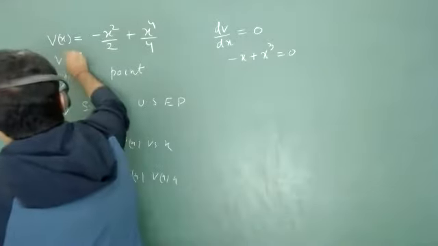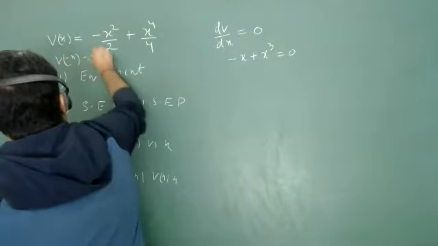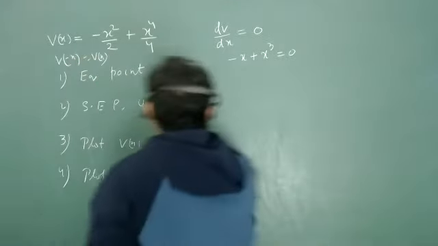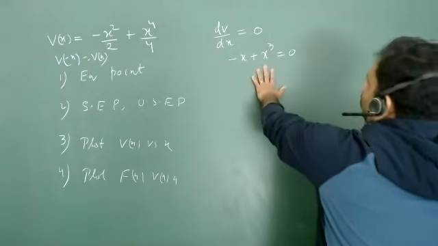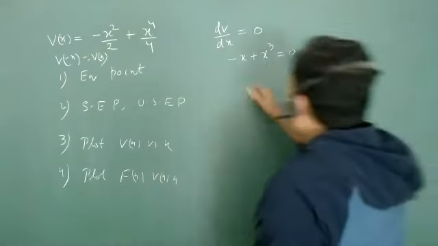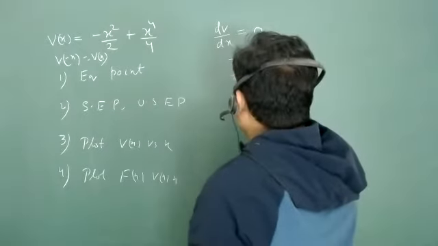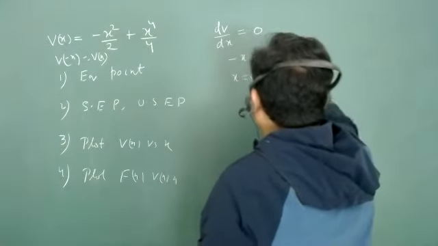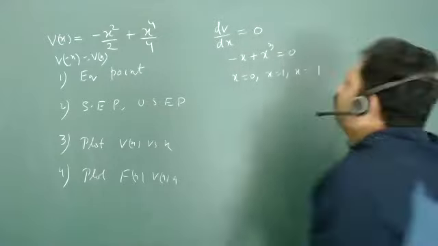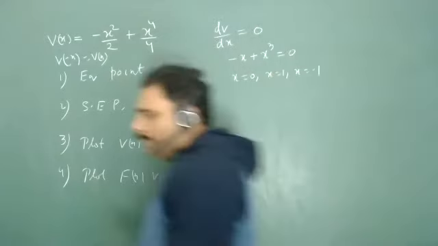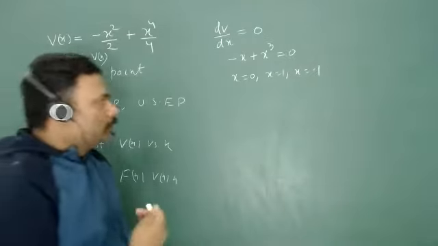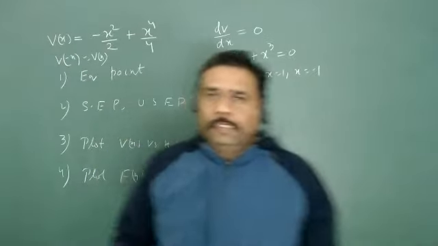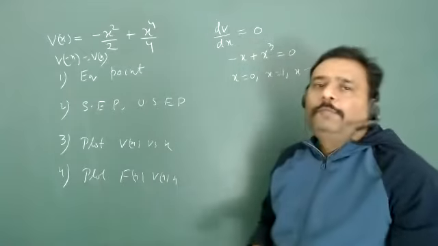Because we have V(minus x) equal to V(x), so it is an even function. Great. So this is the condition for equilibrium, and from here I can put x equal to 0, x equal to 1, x equal to minus 1. At these points, I can only say that the forces are 0. These points are just equilibrium points.